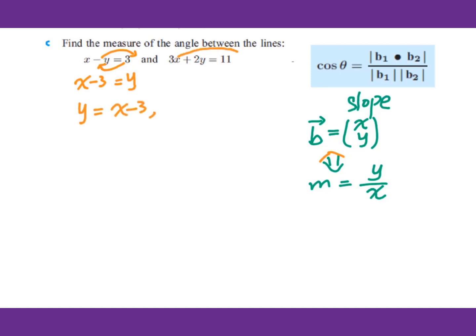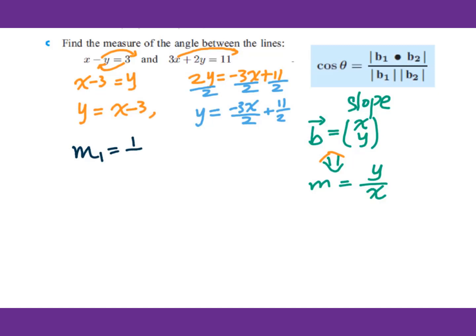For the second one, we have 2y equals negative 3x plus 11. We subtract 3x from both sides, then divide everything by 2. So y equals negative 3x over 2 plus 11 over 2. Therefore, m1 equals 1 over 1, we need the fraction form, and m2 equals negative 3 over 2.